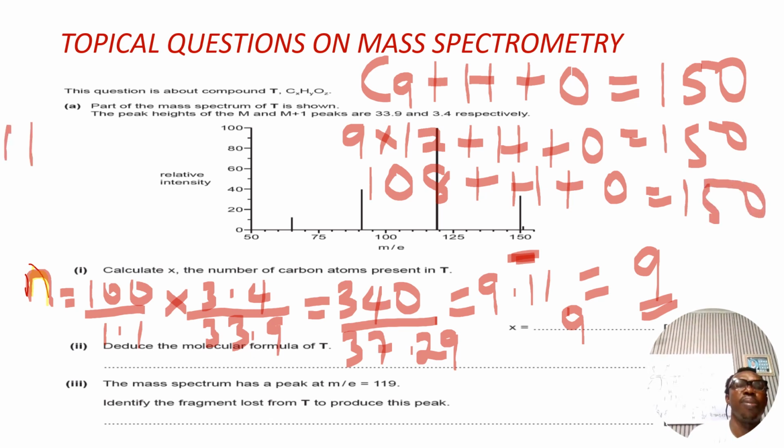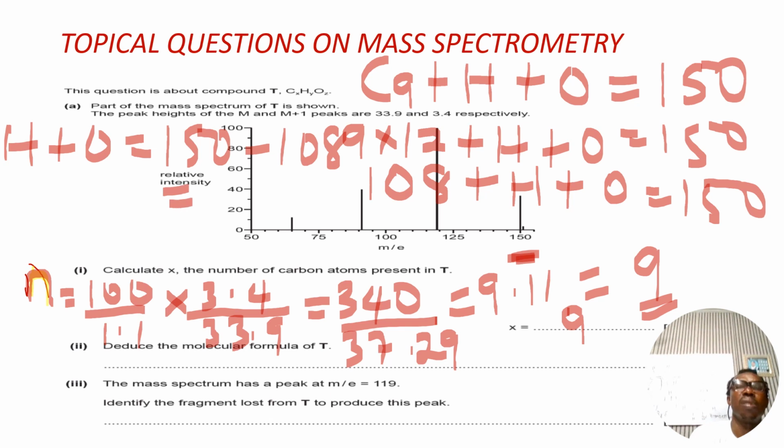So hydrogen plus oxygen will be equal to 150 minus 108, which is 42.